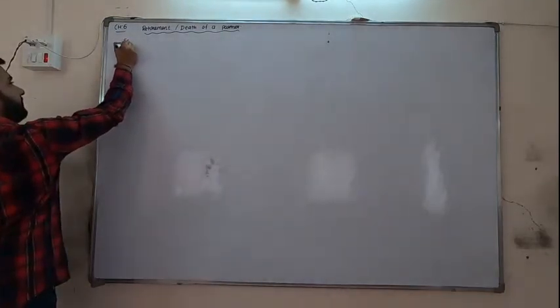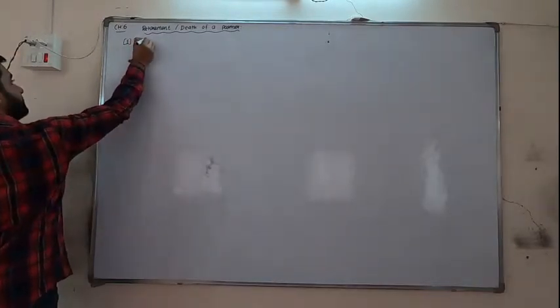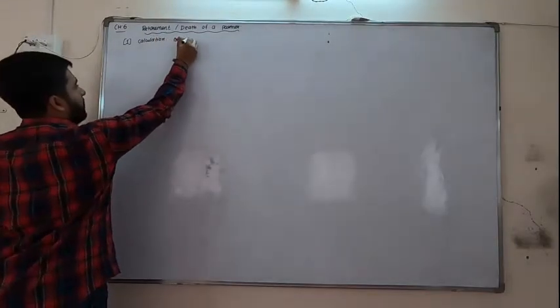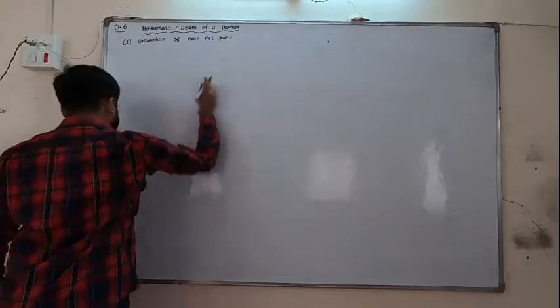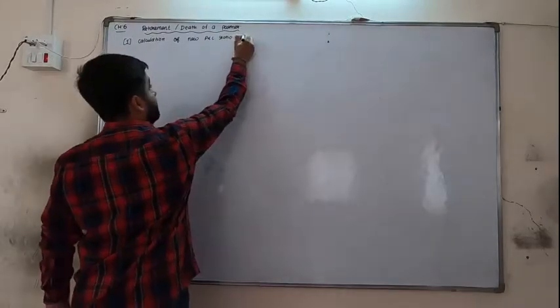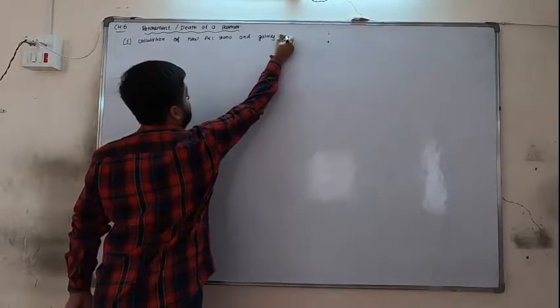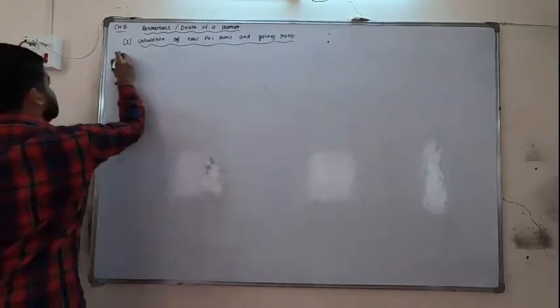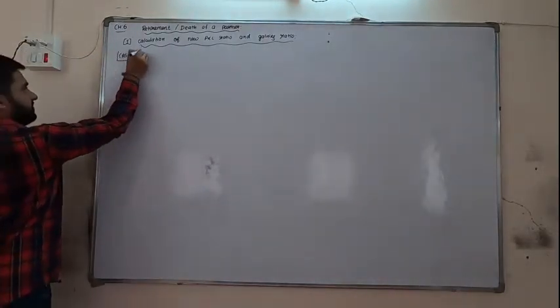Now the first topic which we are going to learn is calculation of new P&L ratio and gaining ratio. For that we have 4 cases. So we are starting with case 1.